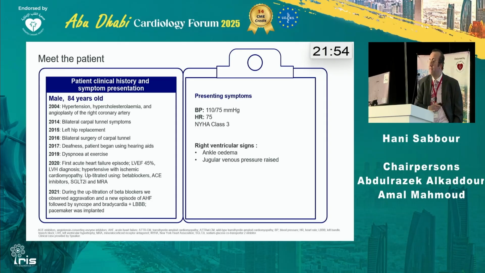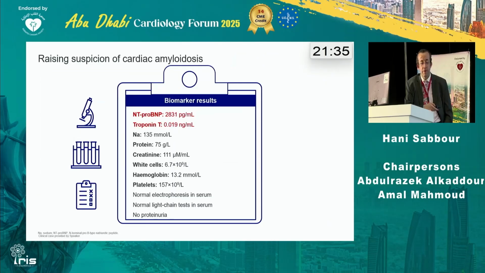So what are the red flags in this patient? Okay, 2 times carpal tunnel syndrome surgery, also worsening with heart failure therapy. So this is what we call intolerant. And also the need for conduction system relief, i.e. progressive left bundle branch block. It's telling you that there's an infiltrative process going on.